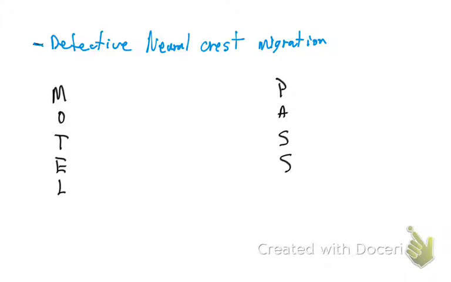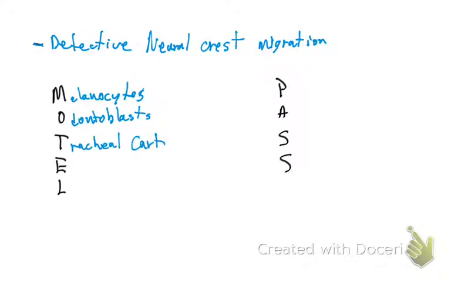So M stands for melanocytes, all those derivatives from the neural crest cells. O is for odontoblasts. T is for tracheal cartilage. E is for enterochromaffin cells.